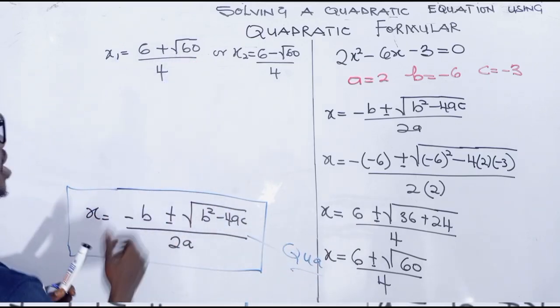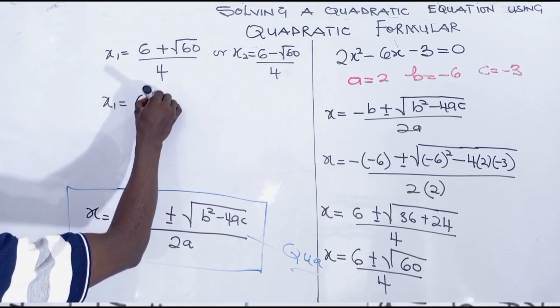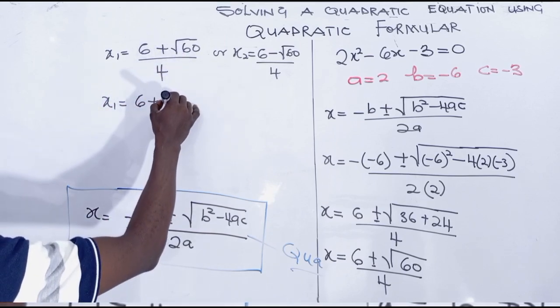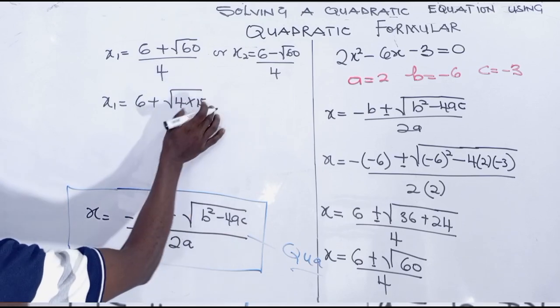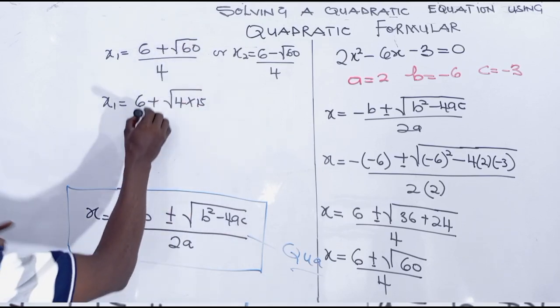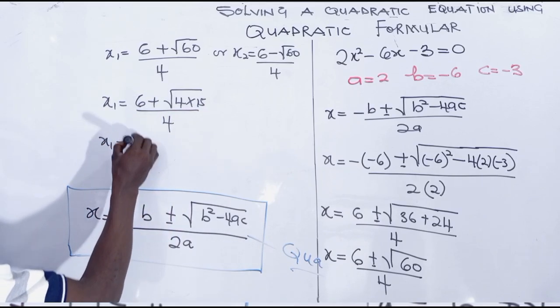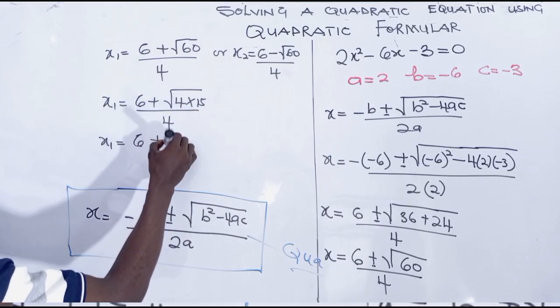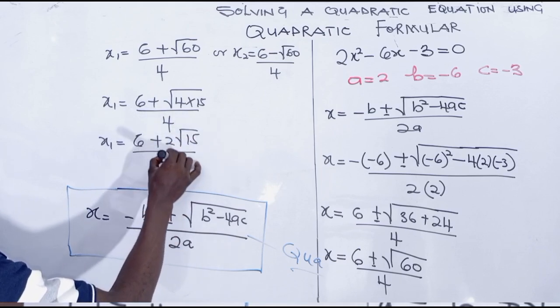Now we can simplify this to get our x1 to be 6 plus, now this can be written as 4 times what? 15, and that's going to give us what? 60 all over 4. So we have x1 is equal to 6 plus 2 root of 15 all over 4.